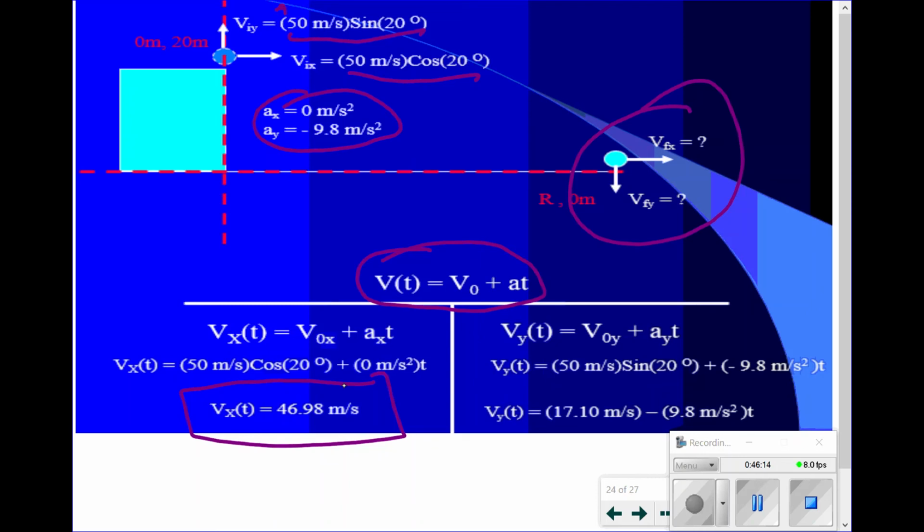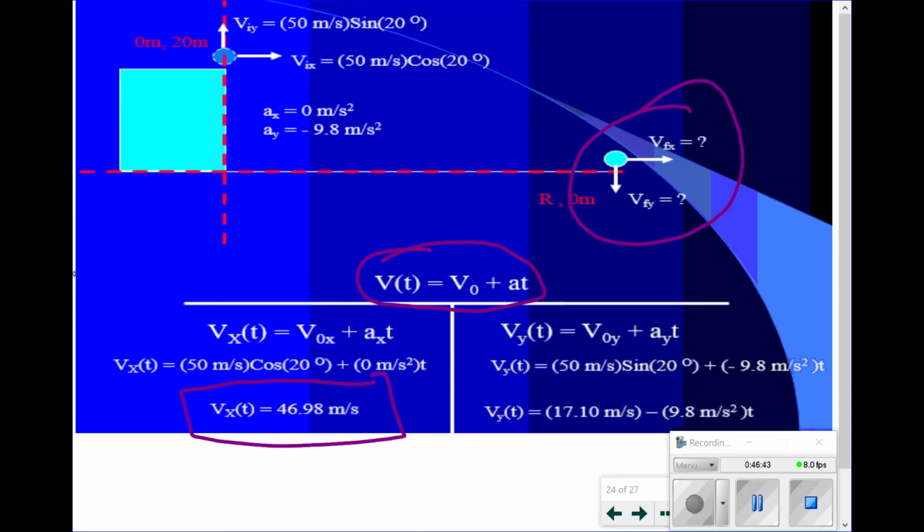I actually can't solve for this velocity because I do not know the time. I'm being blocked. Now, I do have an option. This is very much like our second question, where an object is fired at an angle. So I could use my position formula to solve for the time using the y-axis.